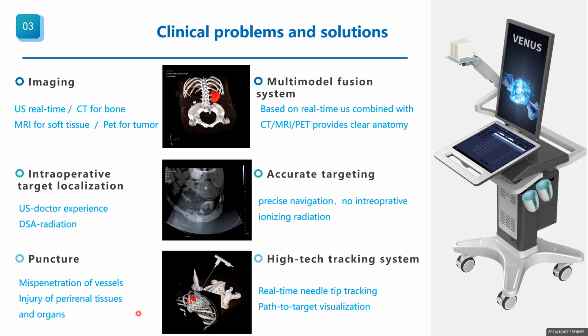Also from the 2D real-time ultrasound we can see the path to the target very clearly. All the process, all the needle, we can see very clearly. We can successfully avoid this kind of puncture related complications.